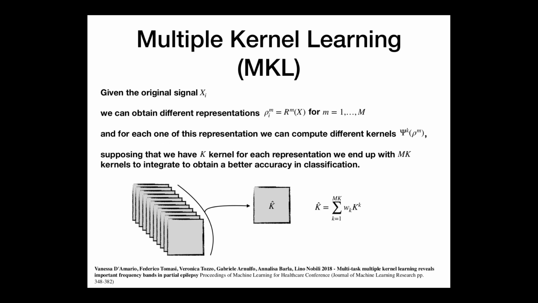And there is this nice property that if you impose weights that are positive, the final kernel is still a kernel, so you can use it in a kernel learning task.